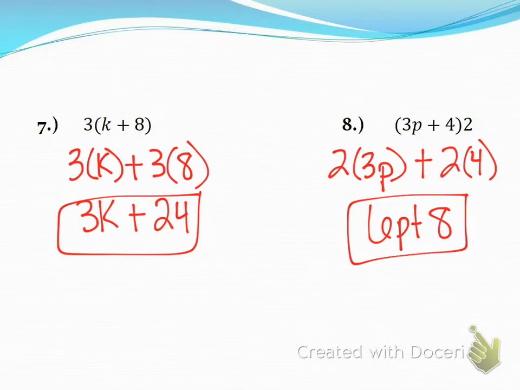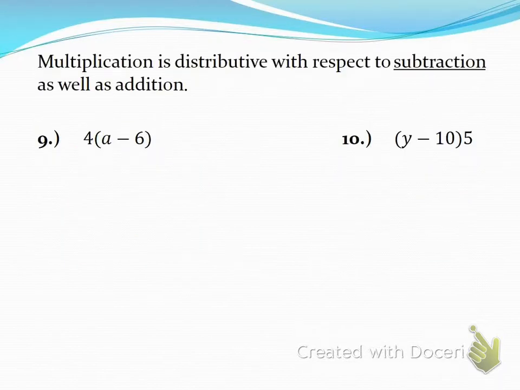Who got that one? Wonderful. Multiplication is distributed with respect to subtraction as well as addition. So we can distribute even if our terms are separated by subtraction instead of addition.